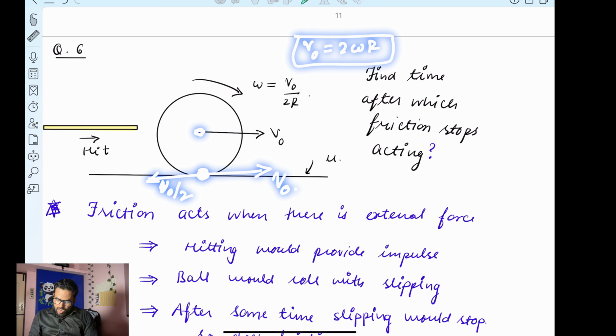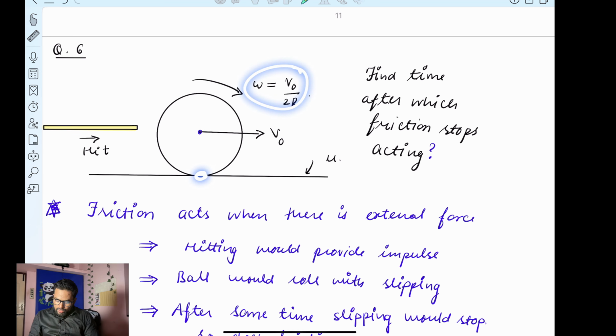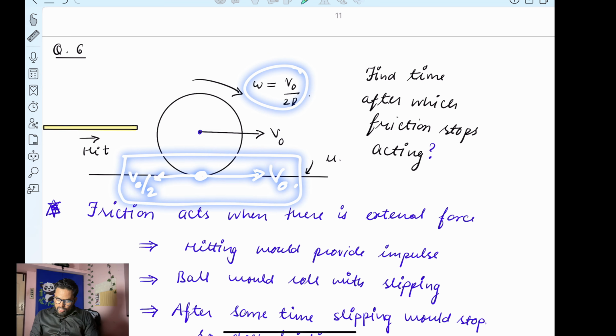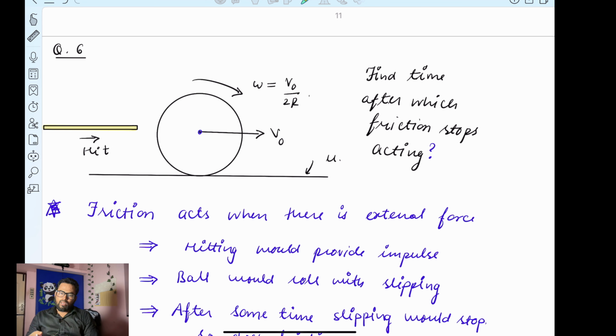At the bottom point we have two velocities: forward, the translational v naught, and due to rotation we get backward omega r. Omega r is v naught by 2, and forward is v naught. In this condition, forward velocity v naught, backward velocity v naught by 2, is it pure rolling or slipping? It is slipping. For pure rolling, I have already told you, the contact point must be at rest. So it is slipping.